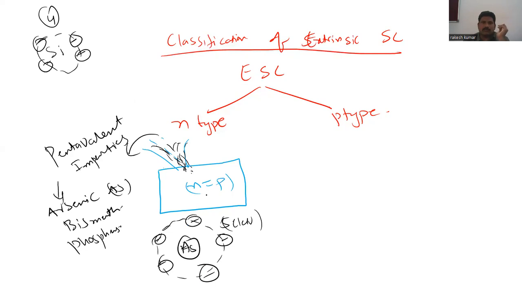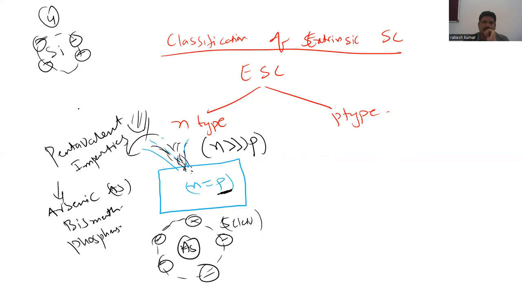So what happened here? The hole concentration is the same, but by adding this pentavalent impurity, we are adding extra free electrons. So the condition for an n-type extrinsic semiconductor is that n becomes very far greater than p. That is the condition for an n-type extrinsic semiconductor.